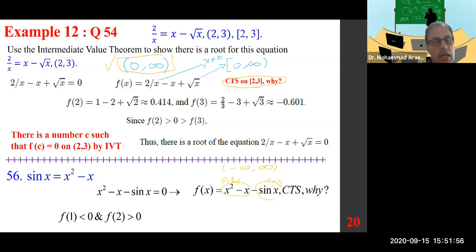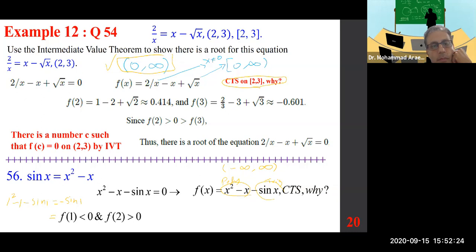I want to make sure everybody understands f of 1 means 1 squared minus 1 minus sine 1, and it's equal to minus sine 1. I hope everybody understands 1 is 1 radian. 1 radian is about 57 degrees, and sine is positive in the first quadrant. With the negative, this becomes negative.